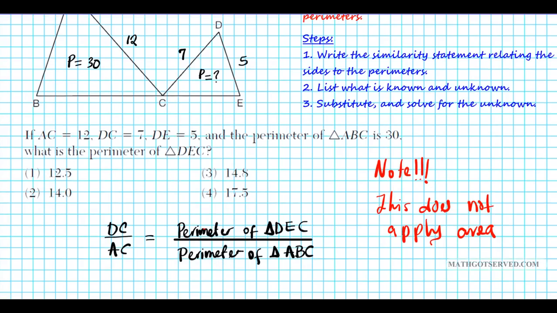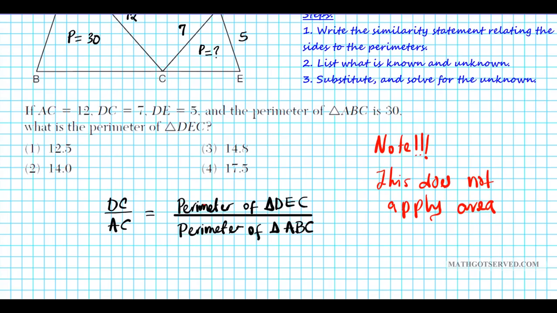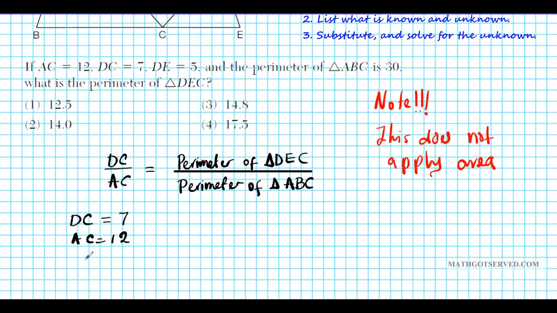So let's write down what we know and what we need, and then use this equation right here to find what we need. We know that the length of side DC is 7. We know that AC is 12. What else do we know?